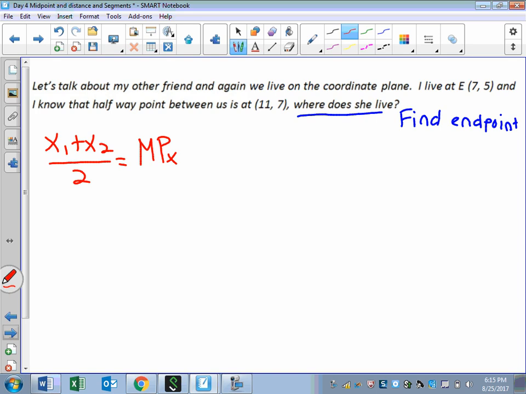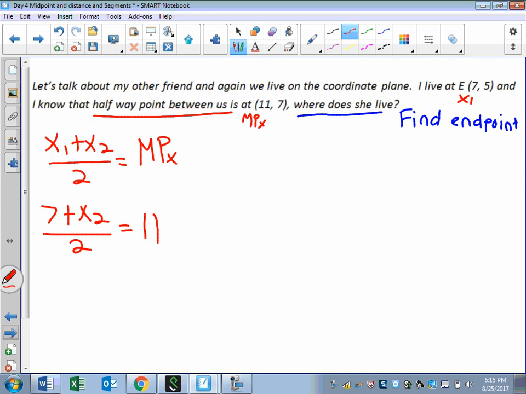Well, we know x1 and we know the midpoint of x. So if we plug those in, we get (7 + x2), we don't know where our friend lives, divided by 2 equals the midpoint of x, which is 11. That's the middle. It says the halfway point is at MPX, 11.